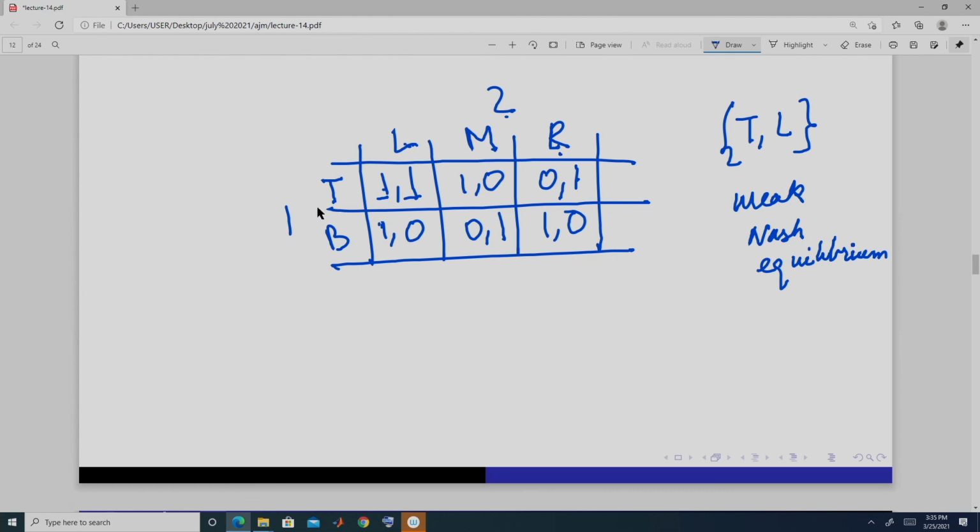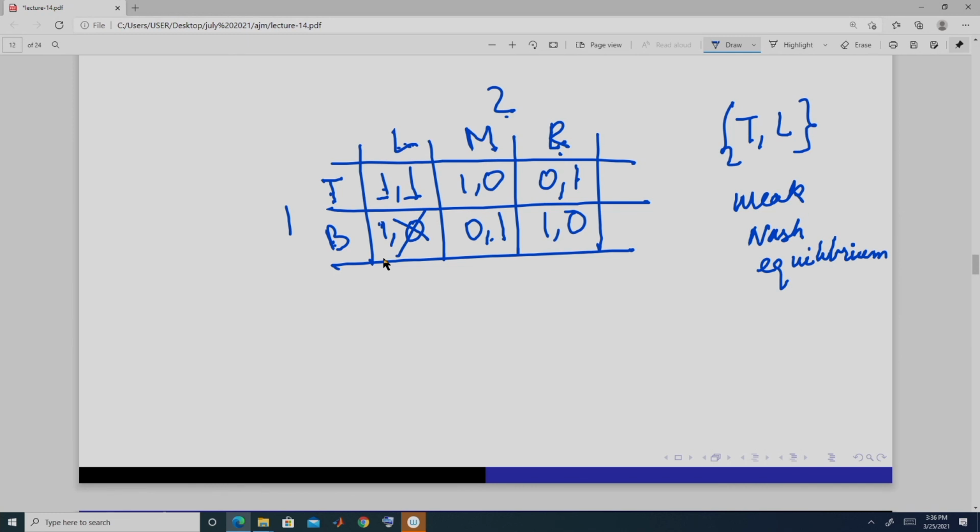Because when player 1 plays T, player 2 is indifferent between L and R. When player 2 plays L, player 1 is indifferent between T and B, but it means the same payoff. But if player 1 plays B, player 2 does not play L, it deviates to M. So, this is not a Nash equilibrium.